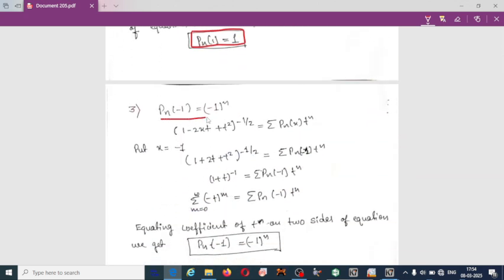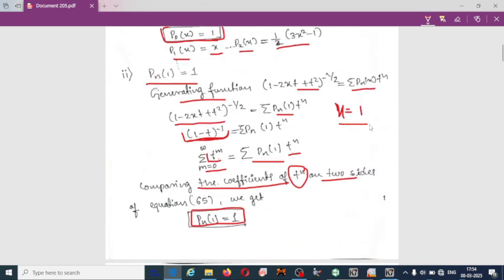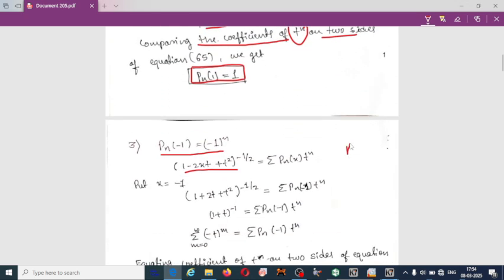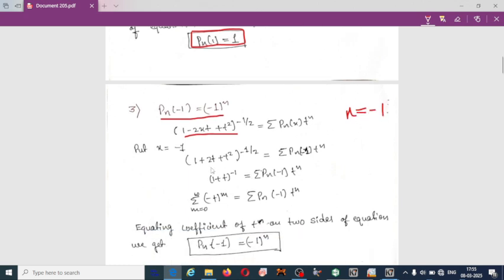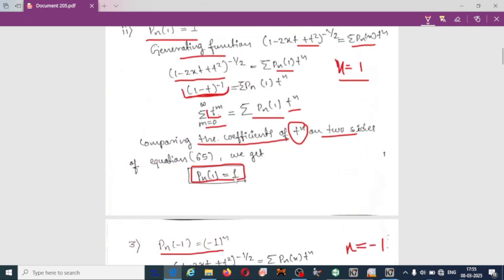Next, let us go for the third one. Pn of minus 1 equal to minus 1 to the power n. Again we can use the generating function here. In the earlier case we took x equal to 1, here we have to take x equal to minus 1. Once we substitute x equal to minus 1, the LHS of the generating function, after simplification, is written as 1 plus t to the power minus 1.